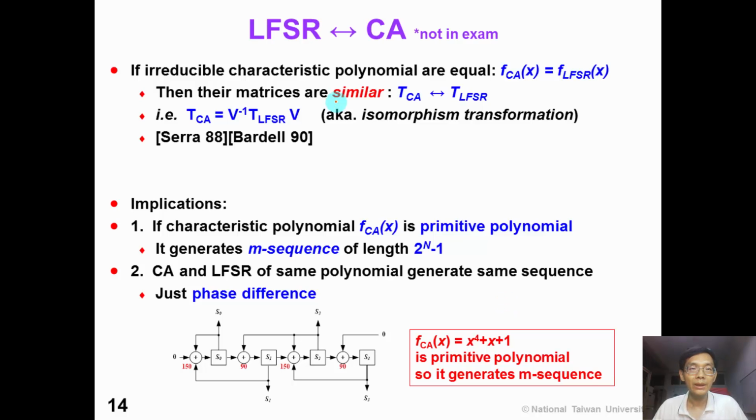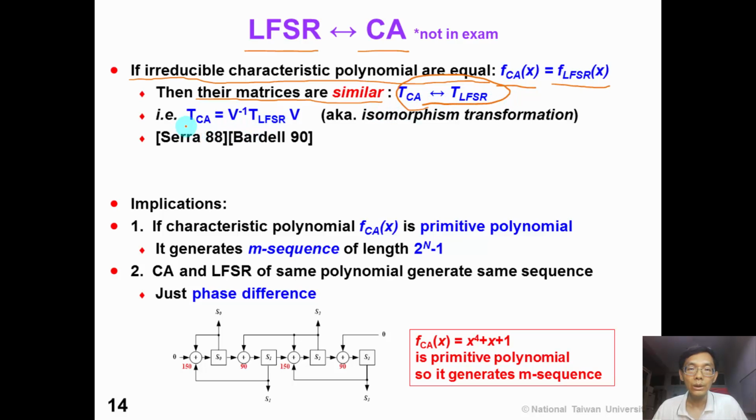So what's the relationship between LHCA and the CA? It has been shown that if the cellular automata and the LHCA have the same irreducible characteristic polynomial, then their matrices are similar.